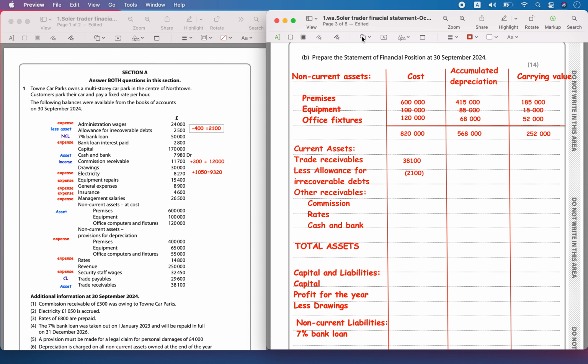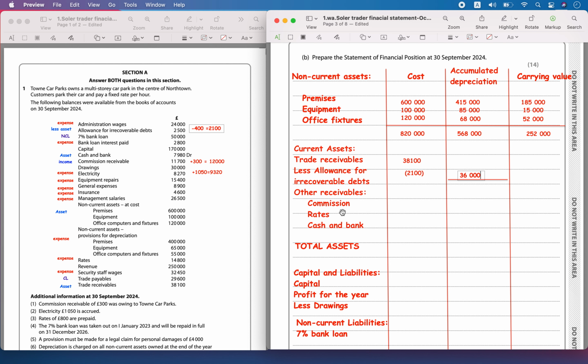So the difference between these two will be equal to 38,100 plus 2,000 minus 2,100. That's going to be equal to 36,000. Then other receivables.